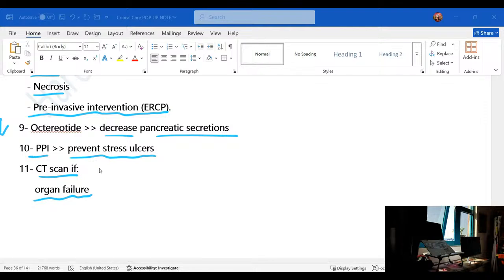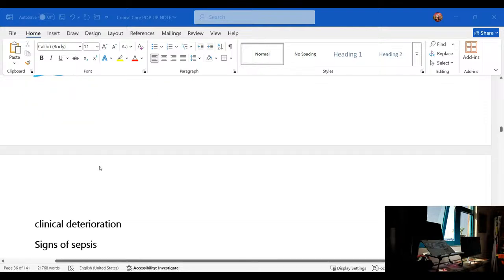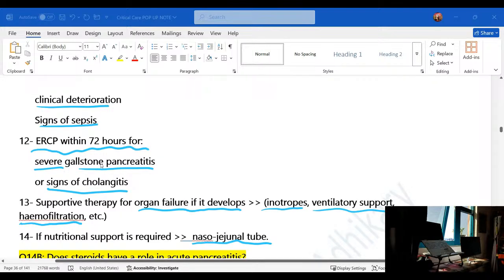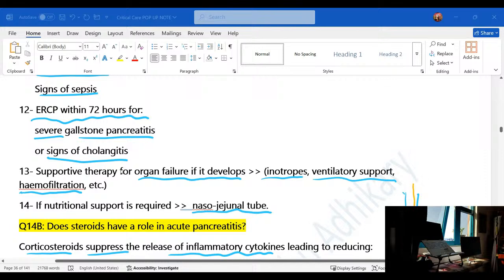CT scan if organ failure, clinical deterioration and sign of sepsis. ERCP within 72 hours for severe gallstone pancreatitis and sign of cholangitis. Supportive therapy for organ failure if it develops: inotrope, ventilatory support, and hemofiltration. If nutritional support is required, nasojejunal tube.